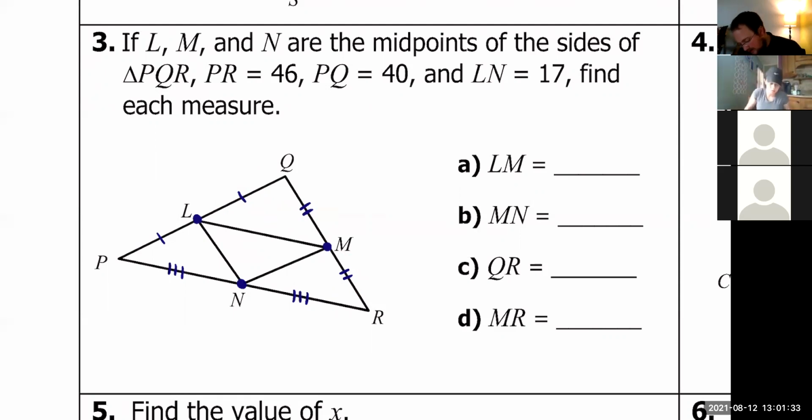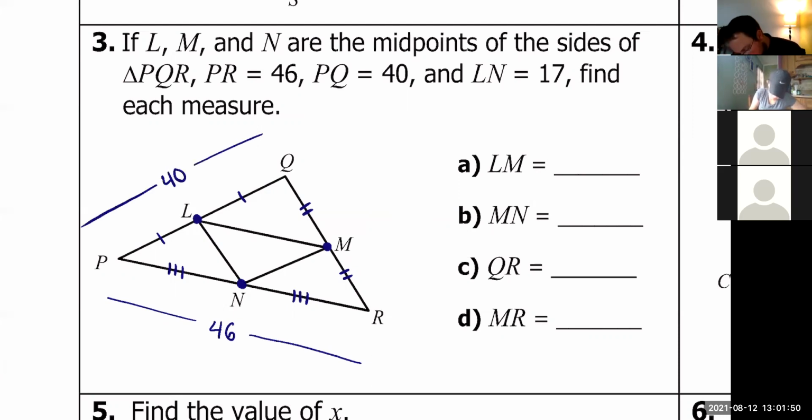All right, so I added those in there. PR, let's see, this big side over here is 46. PQ, which is this side over here, is 40. And LN, ooh, they got sneaky on us. LN is a mid segment. It's 17.